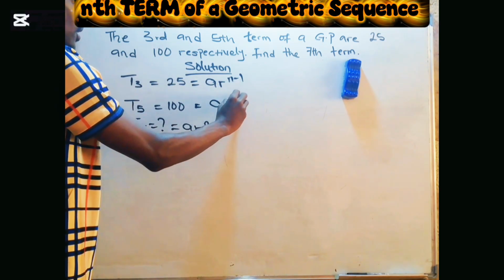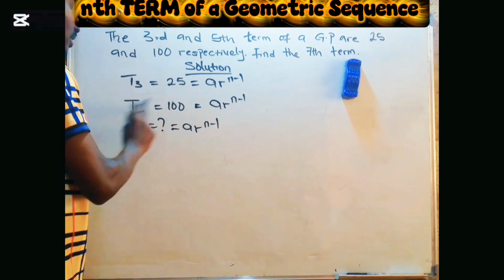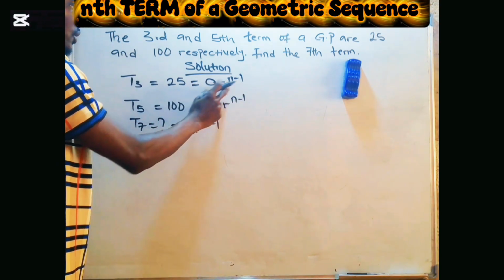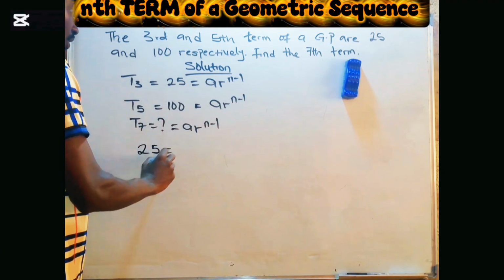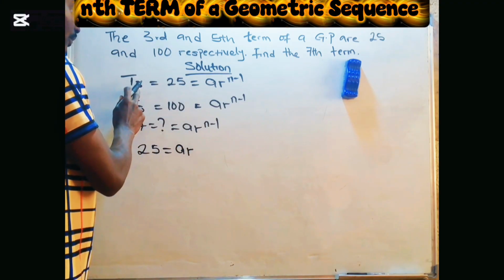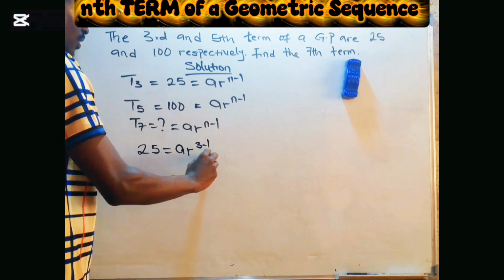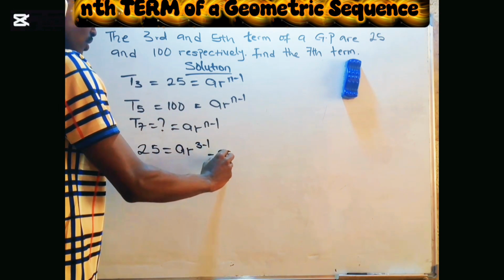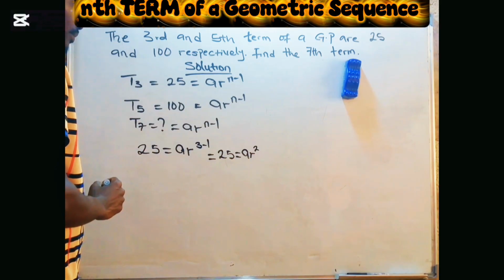From T3, which is 25, n is 3, 3 minus 1, so 25 equals AR squared.